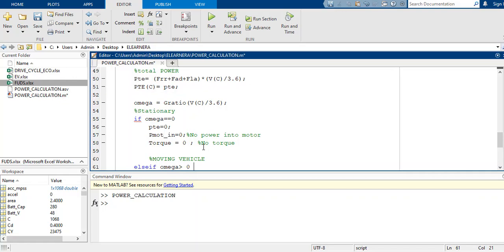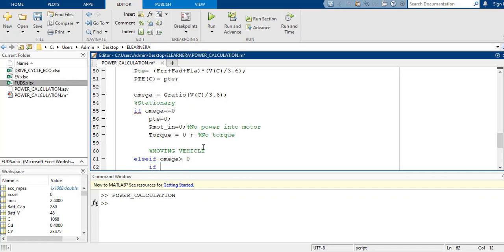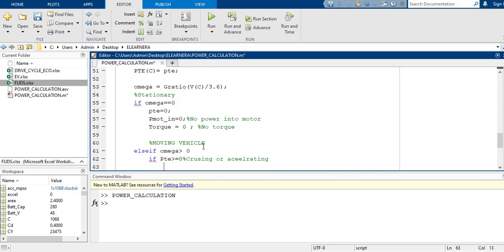And if the total power is greater than or equal to 0, then we will say that the vehicle is in cruising or accelerating mode. Then we will see how to calculate the motor power from the efficiency.